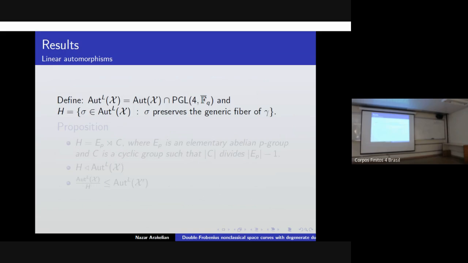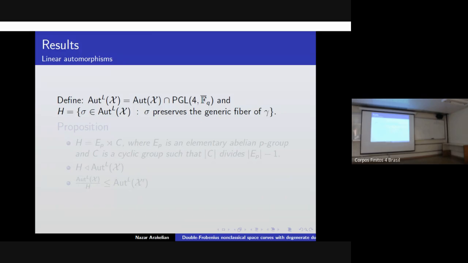Inside this group we consider this subgroup H, composed by all the linear automorphisms that preserve the generic fiber of the Gauss map of your curve. So you have a Gauss map, you have a pre-image, the fiber, and you consider the linear automorphisms that preserve this as a set. Not fixing point-wise, but preserving it as a set.